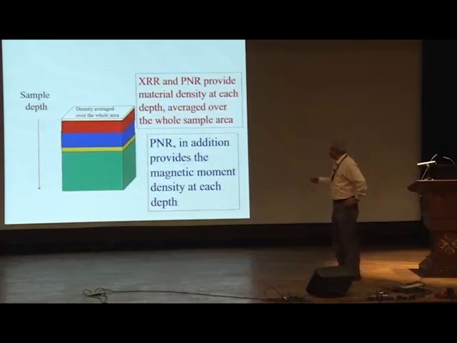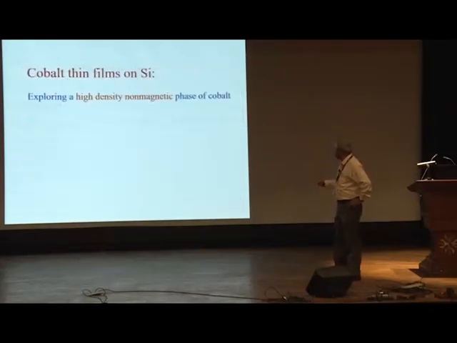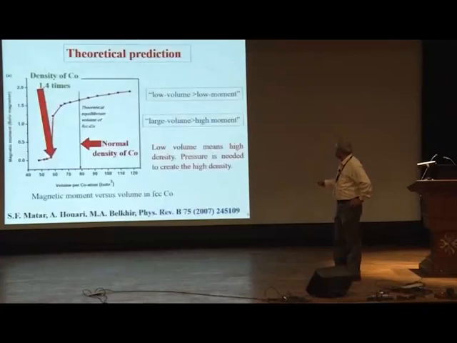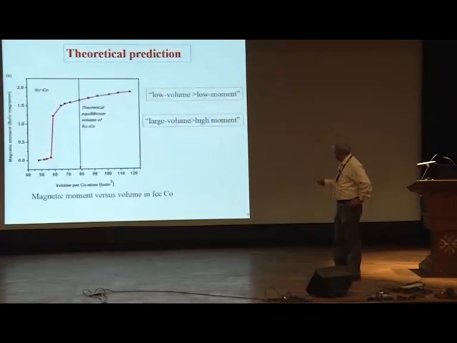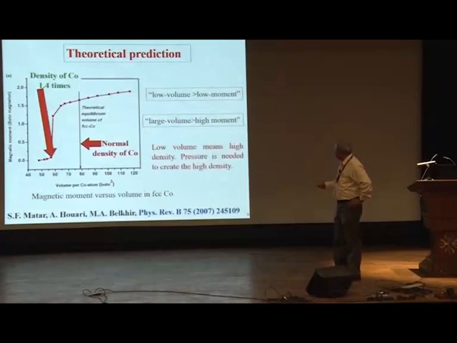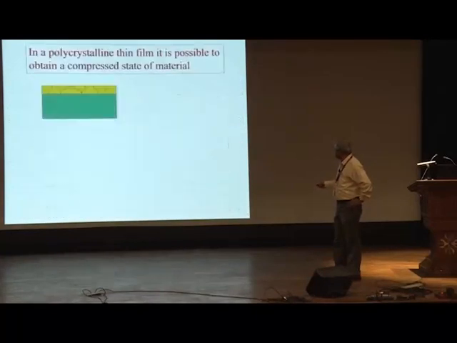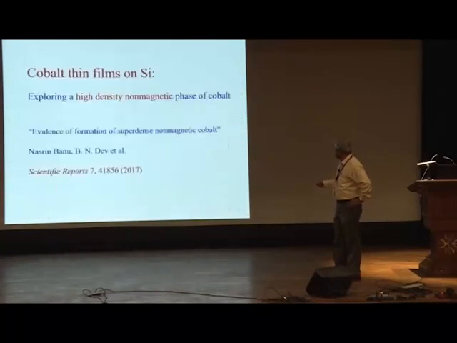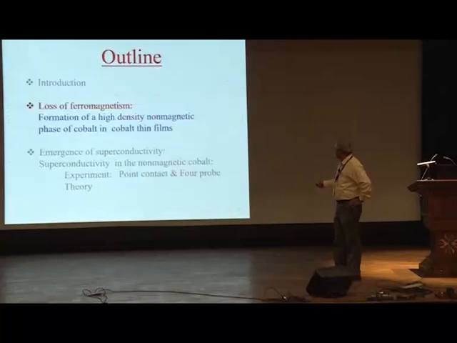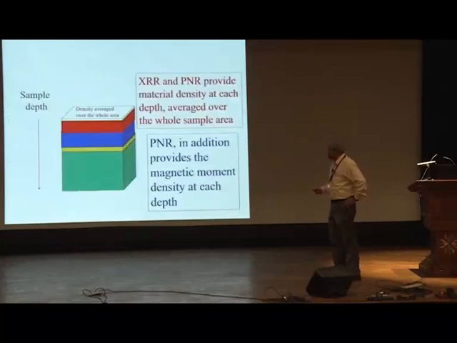So the structure of the film that we expect, sorry, I'm missing something here, some schematic were there. No, it's not here. So we started with a film which is 25 nanometer cobalt grown on silicon by electron beam deposition.